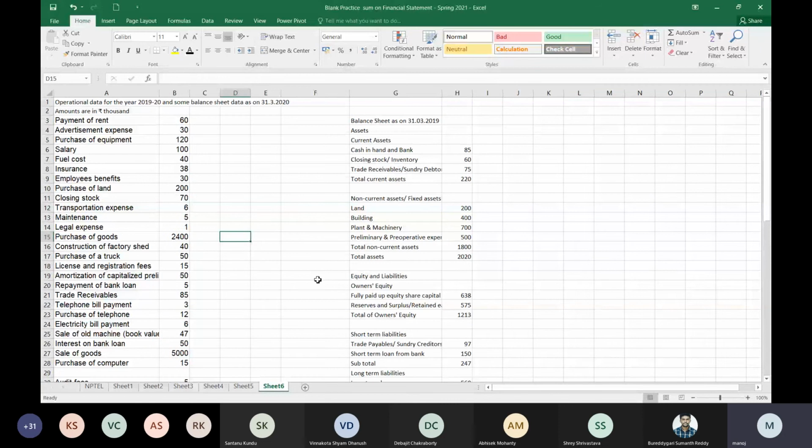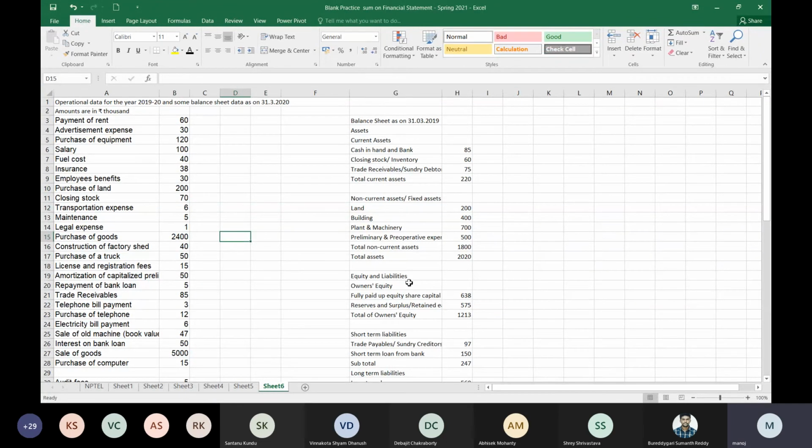So you take previous year data, then you add any new purchase, you subtract any sale, etc., and then estimate the depreciation based on the given rate. After estimating depreciation, you estimate operating profit. How do you estimate operating profit?